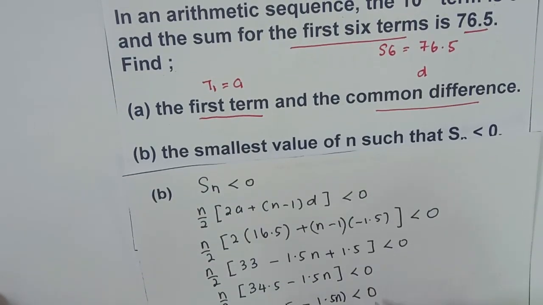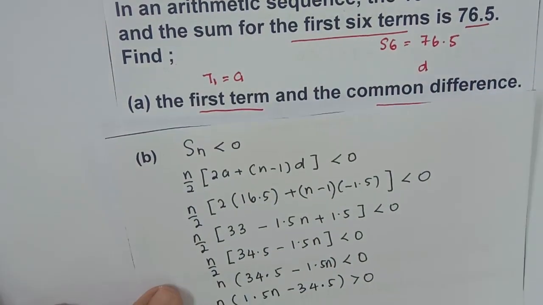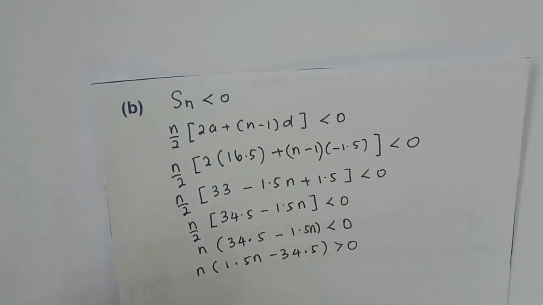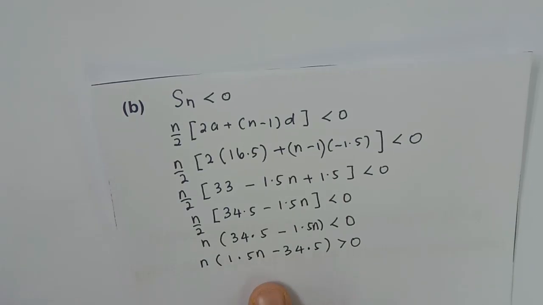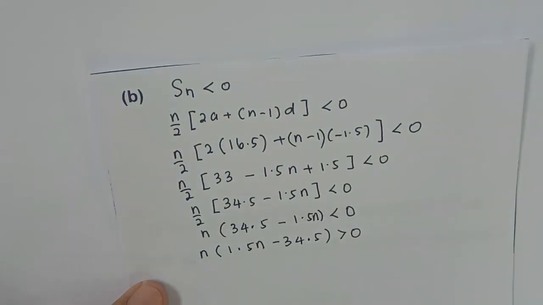Since we multiply both sides by a negative, the sign also changes to greater than 0. Next, by using the graphical approach, draw the graph.